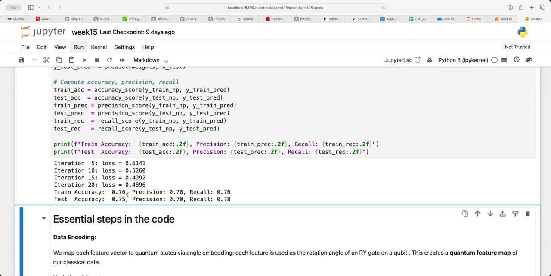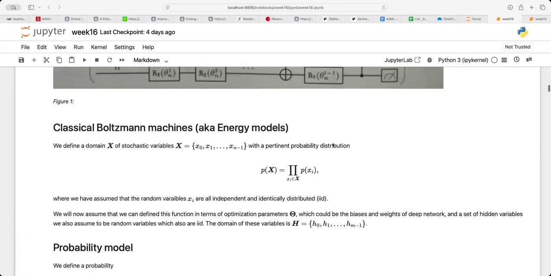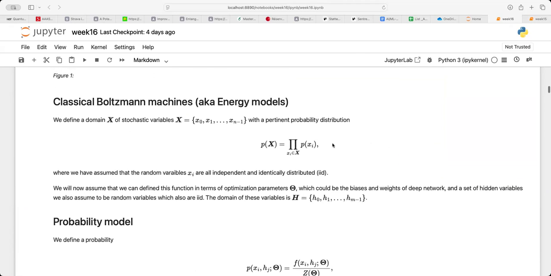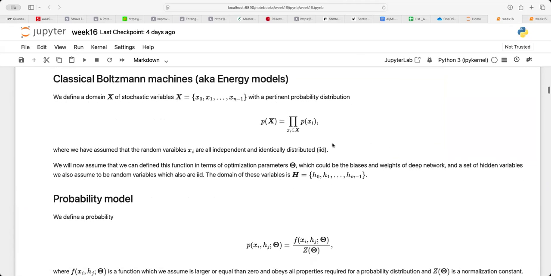So Boltzmann machines, if we now go back to what we have here. If we scroll down, Boltzmann machines are actually models which start with a Boltzmann distribution. So what you assume first is that your variables are to be considered as independent and identically distributed.